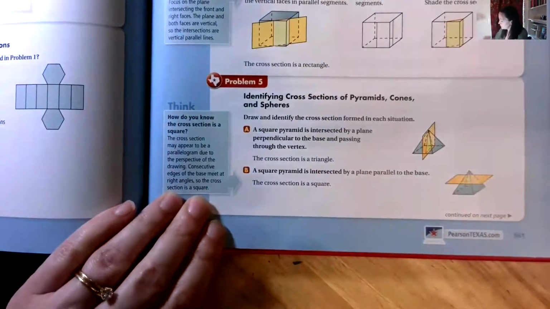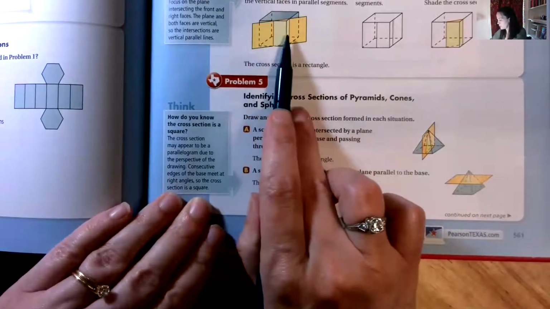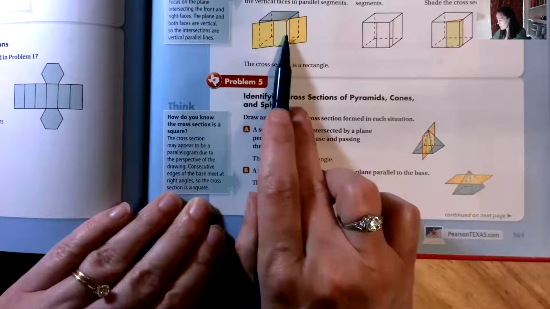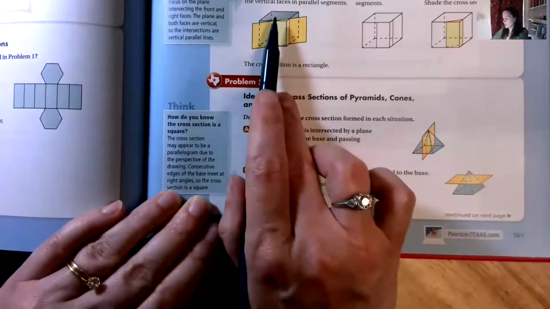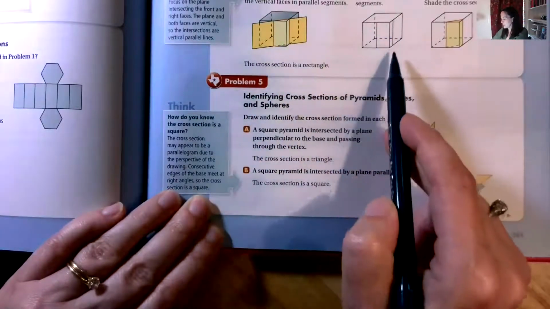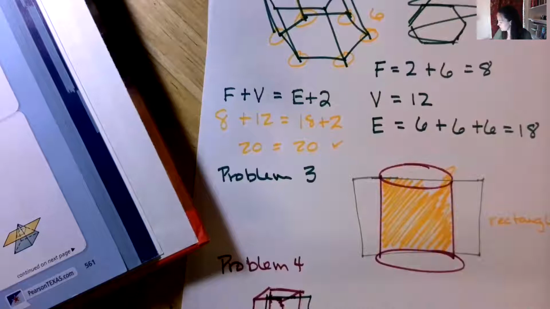So on this one, you have a plane going through the corner of the cube. So for you, this is the part that you're supposed to visualize. The part that you want to draw is going to be the actual segments where that plane intersects your cube. And then you look and see, okay, what shape is that I get where this plane intersects the cube?